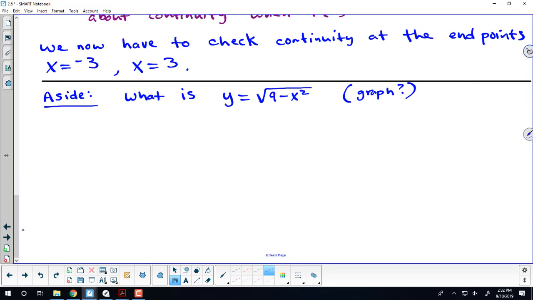So the square root of 9 minus x squared, does anybody know what that is? It's not one side of the parabola. It's a semicircle, one half of a circle. So we square both sides, and then we add x squared to both sides.